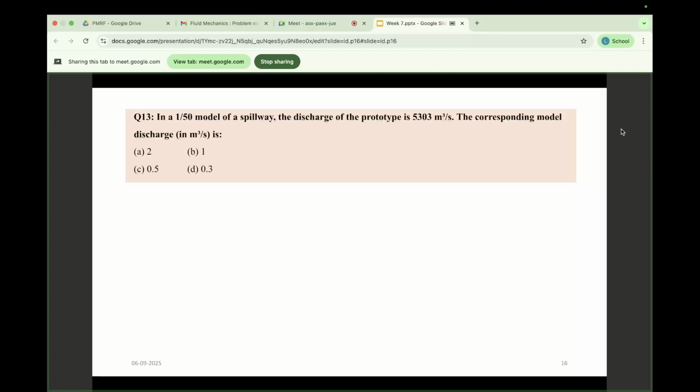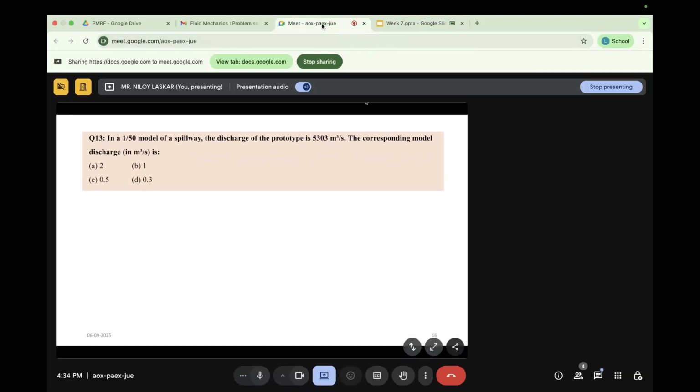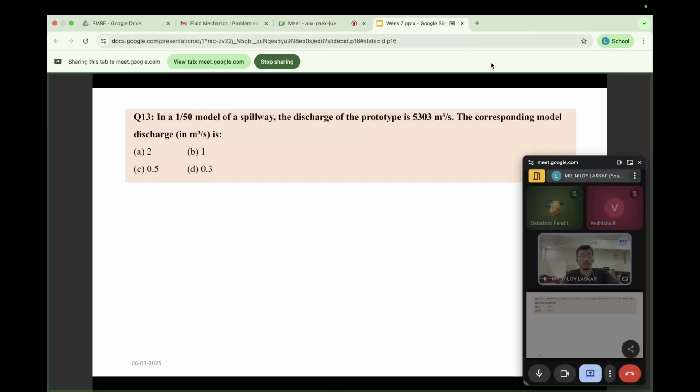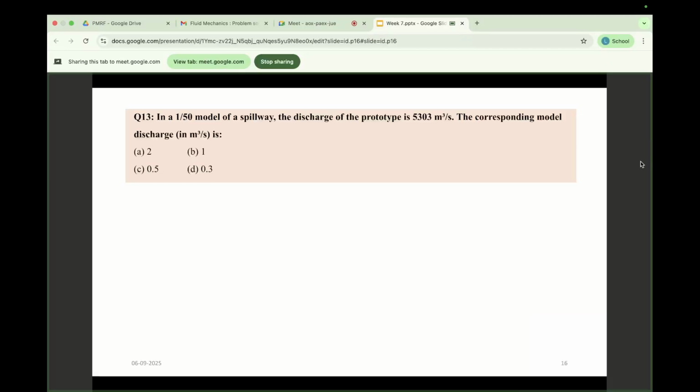First you write down what is given in this question. The scale length, that means LR, is given as 1 by 50, right?